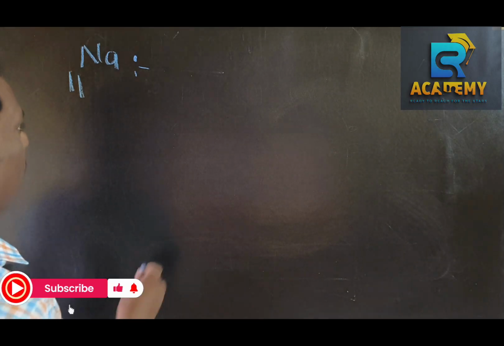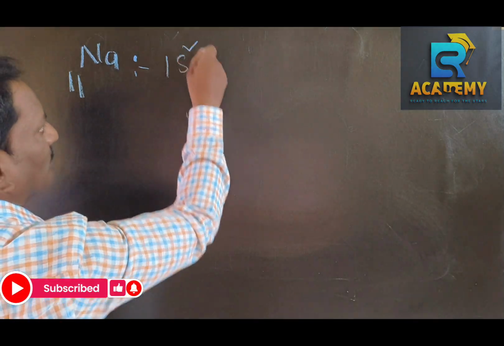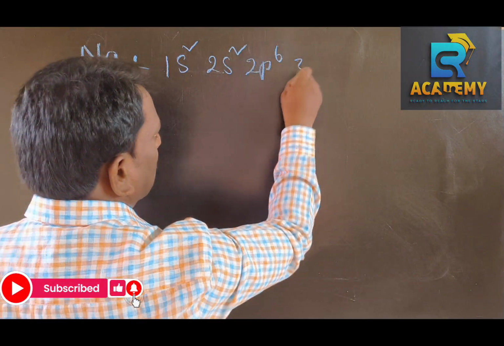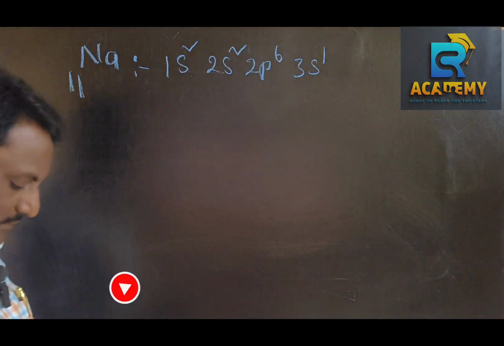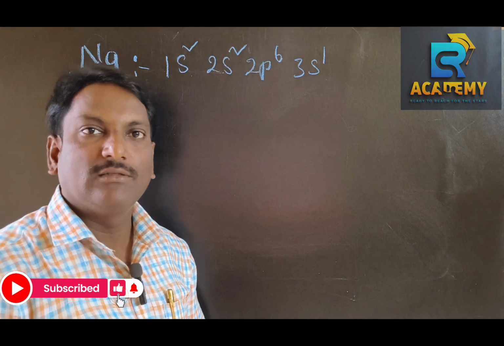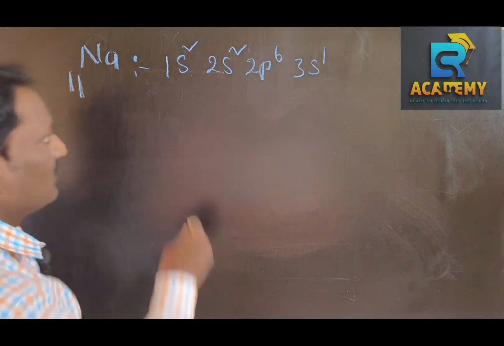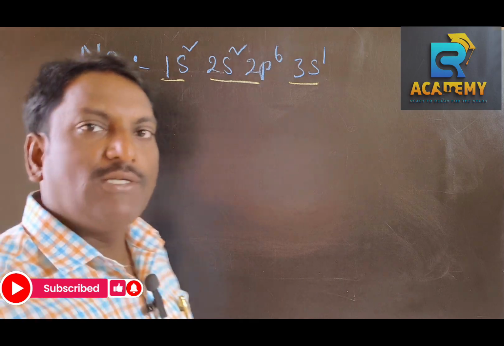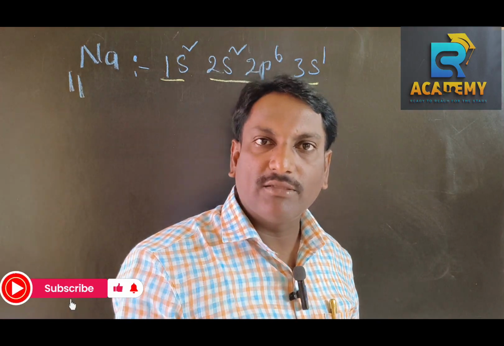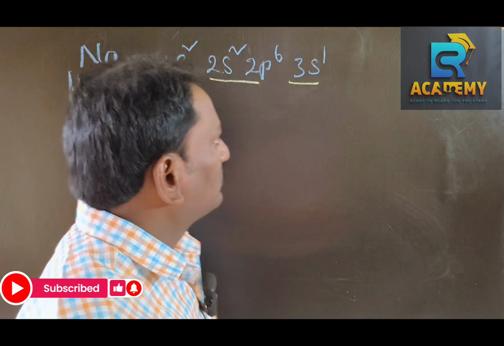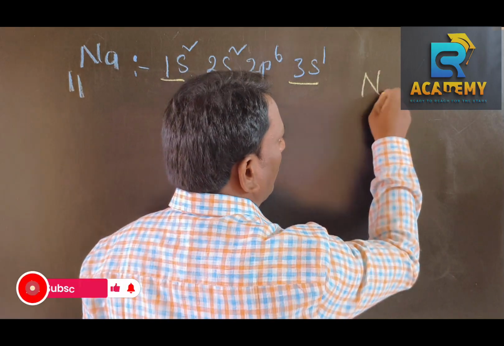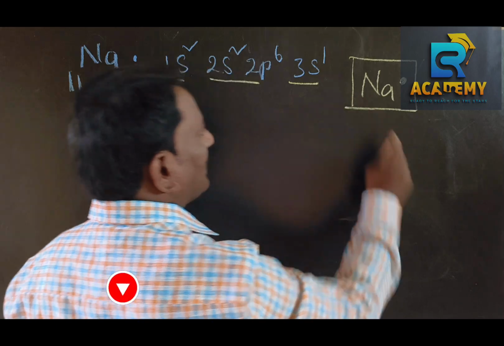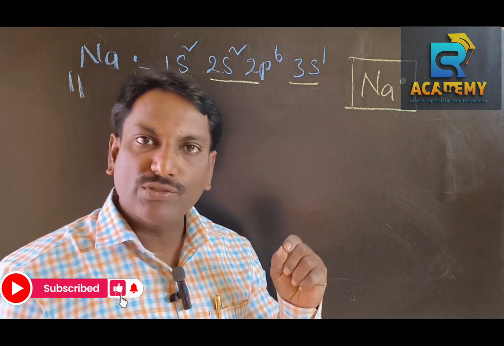Electronic configuration 1s2, 2s2, 2p6, 3s1. How many shells are there? Right, 3 shells are there: first shell, second shell, third shell. The third shell will be the valence shell. How many electrons are there? Yes, right, 1. So the Lewis dot structure of sodium is 1 dot. That's it, Na dot.